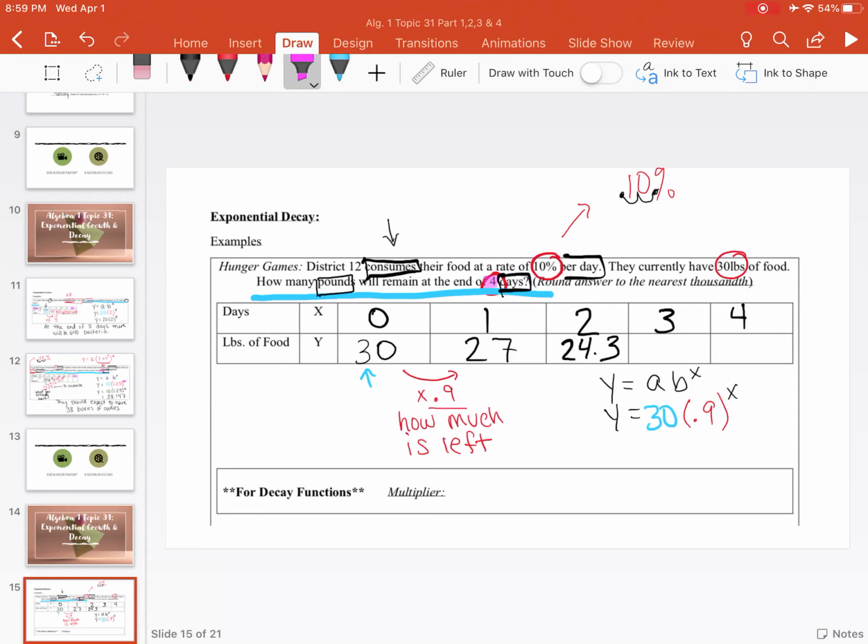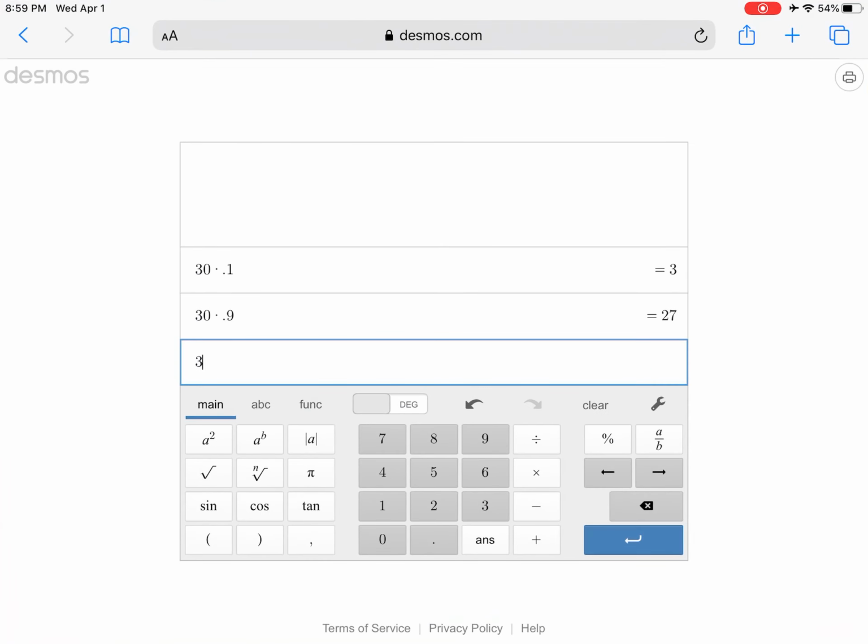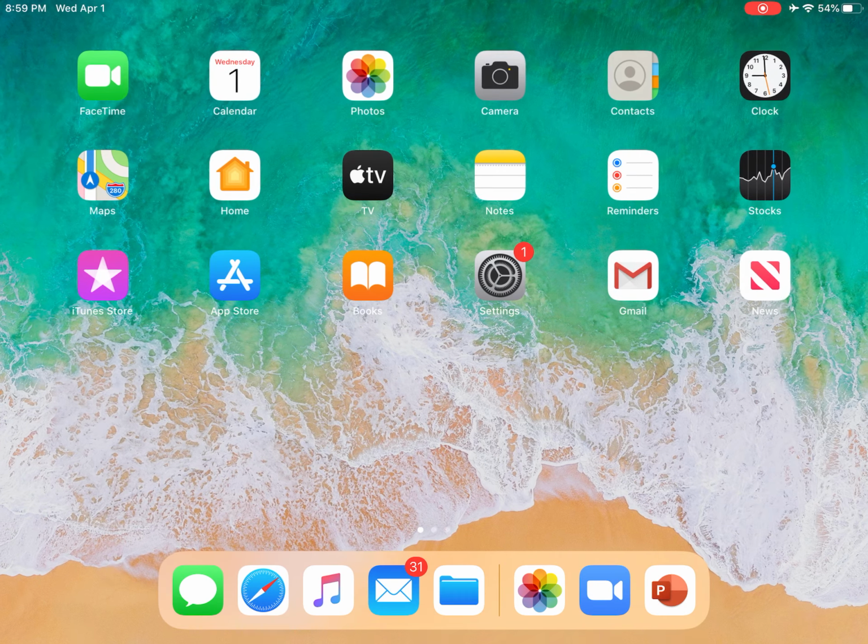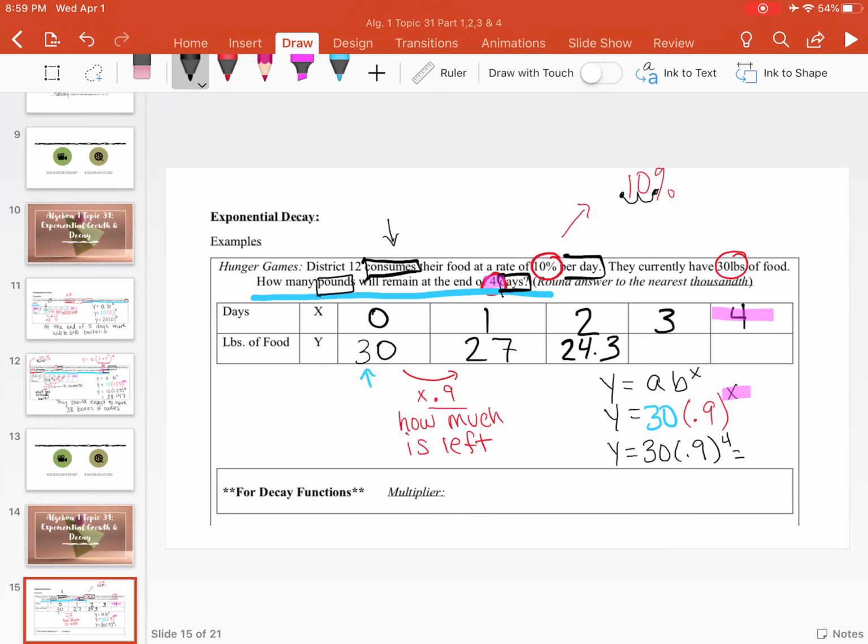So specifically, though, we want to know at the end of 4 days. So we're going to plug in 4 for x. So we'll get y equals 30 times 0.9 to the 4th power. What do we get? We get 19.683, and that's pounds of food.